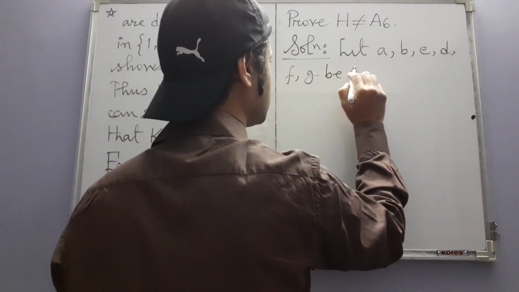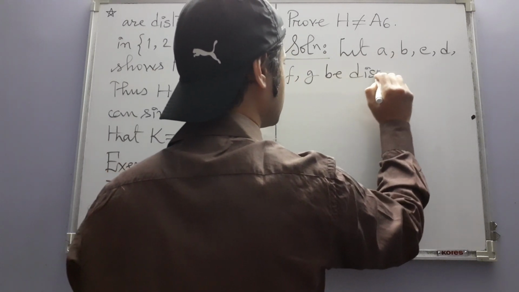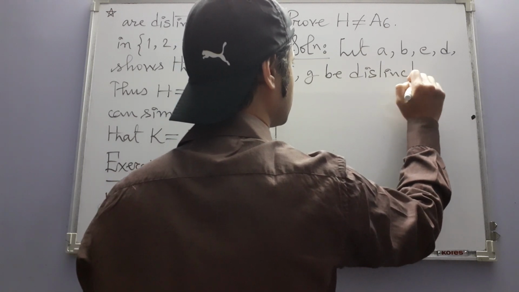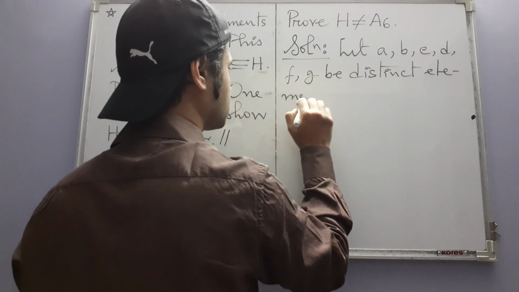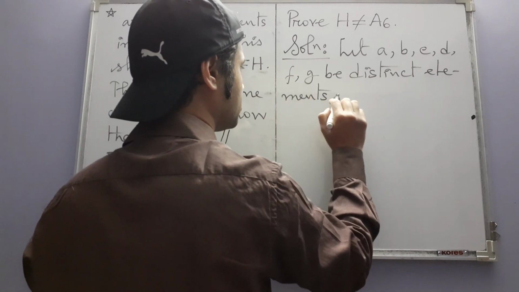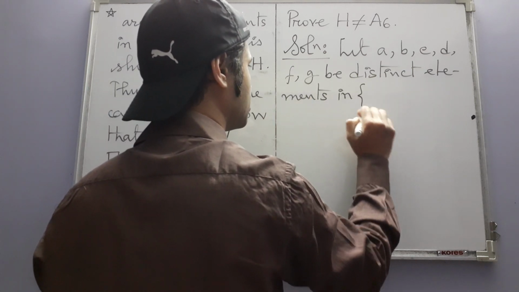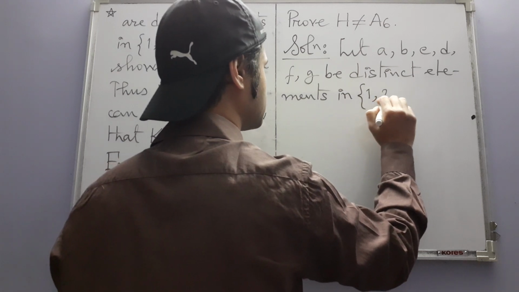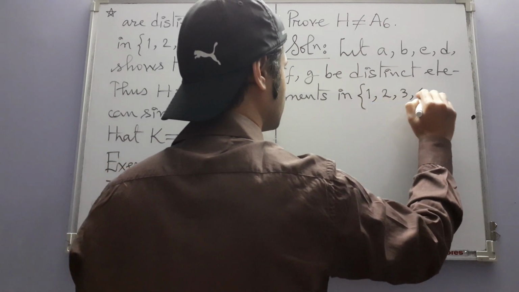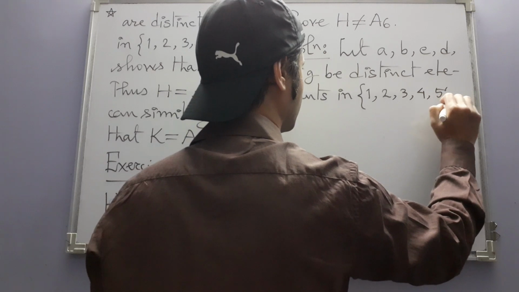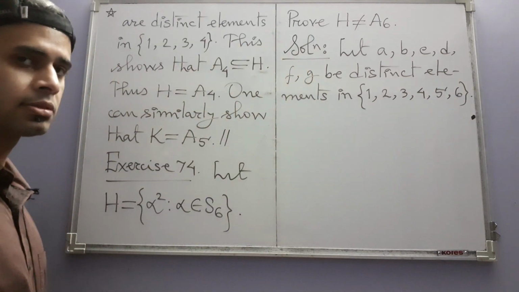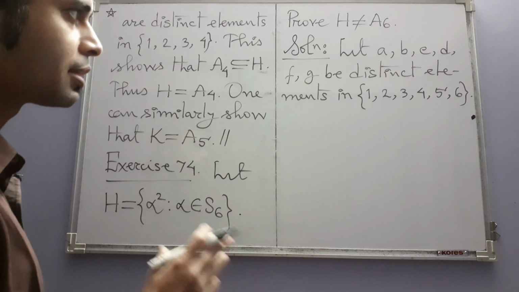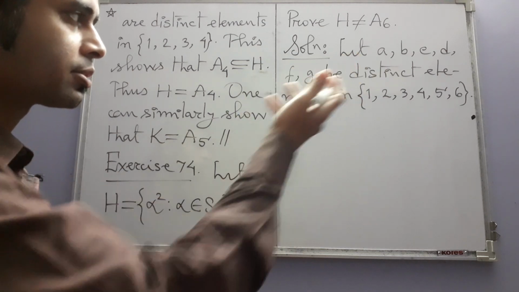Let these be distinct elements in the set of symbols on which you are considering the permutations in S6. You have all the permutations which are permutations of these symbols.